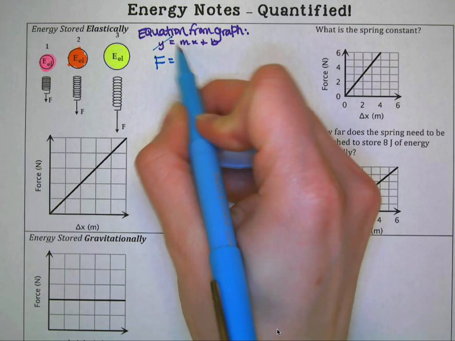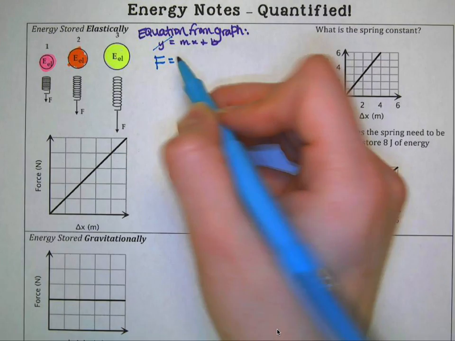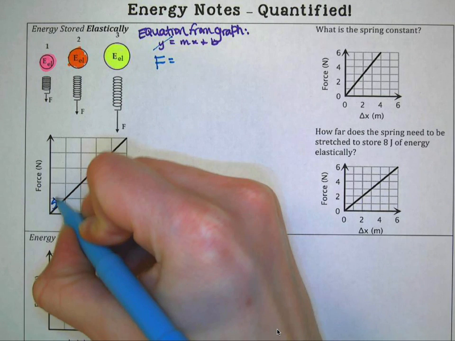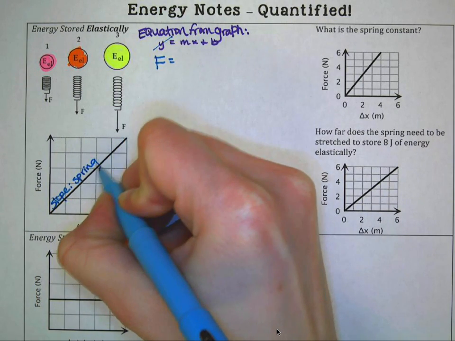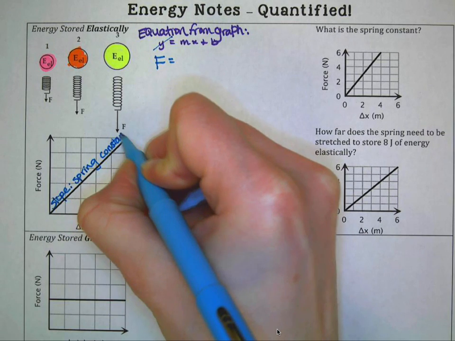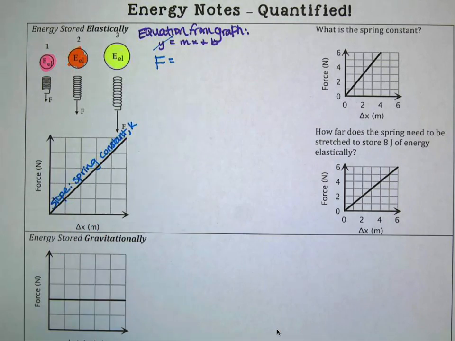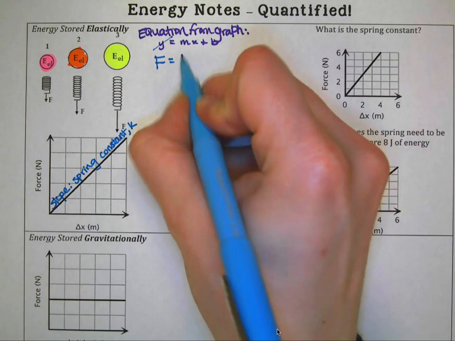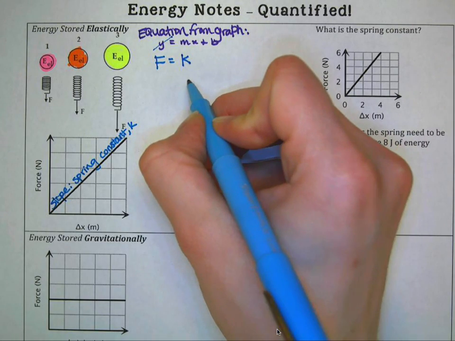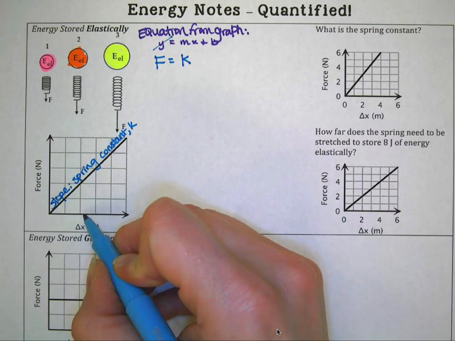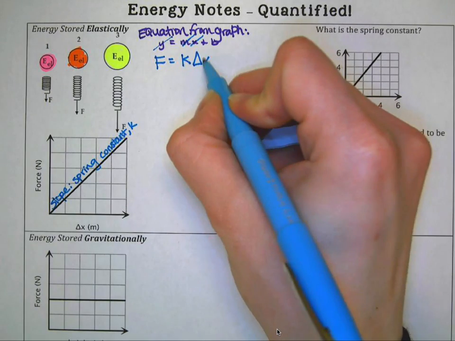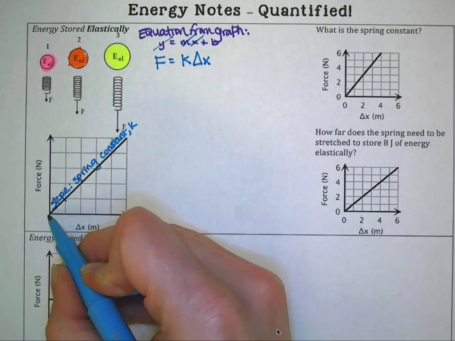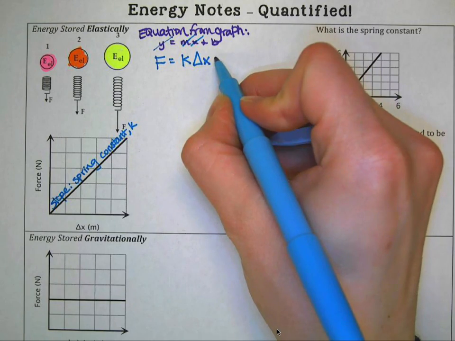Instead of our slope, or m, a generic term, the slope on this graph actually stands for something called the spring constant, abbreviated by the letter k. So F equals k, then displacement, our x value is displacement, so not x, but delta x, and our y-intercept is 0.